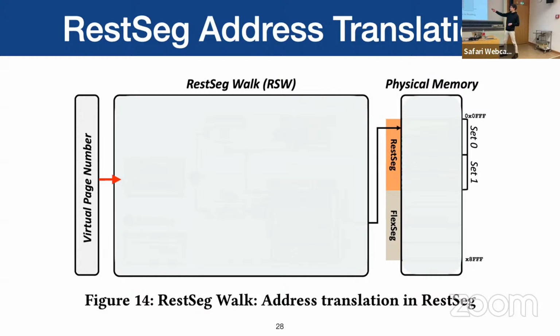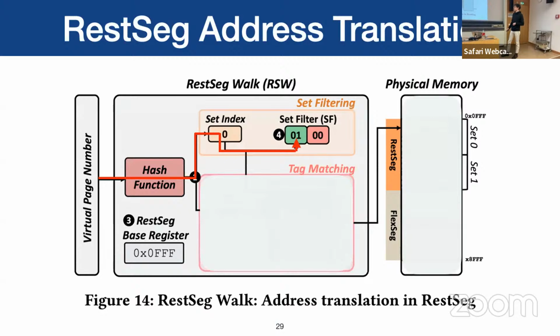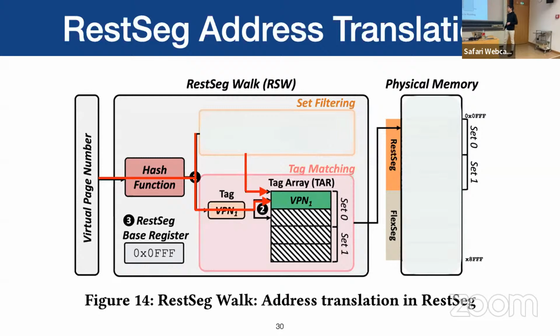So first of all, we get our virtual page number. Then we map it through the hash function, access the set filtering data structure, and look up the set filter counter at the appropriate index from the hash function. And if it is not 0, then we perform tag matching. So we access the tag array and look up if our virtual page number tag is in there.